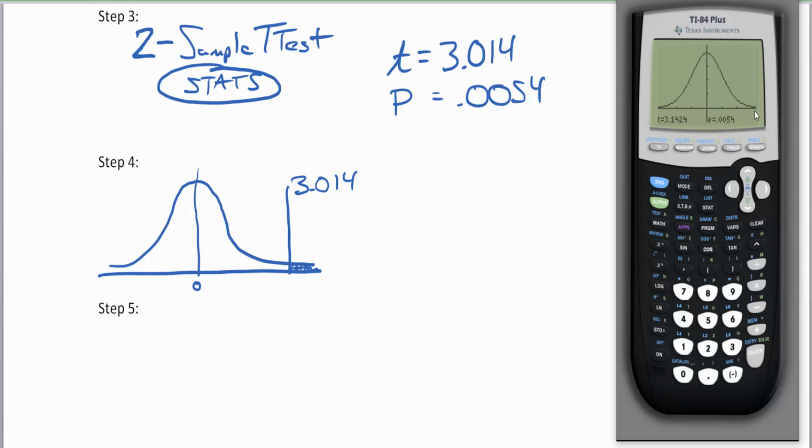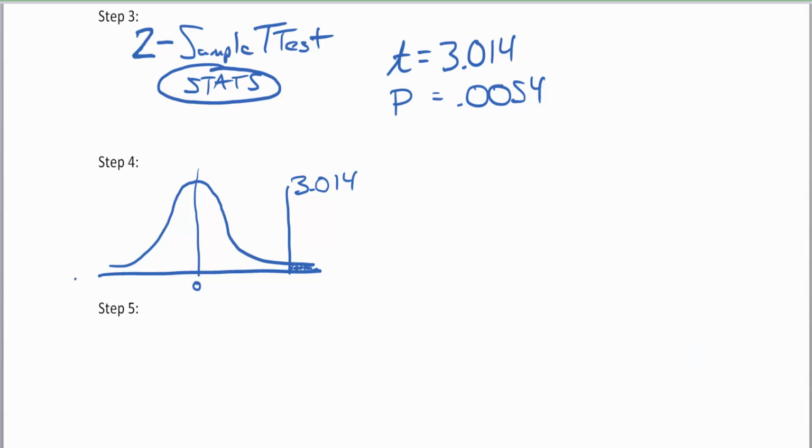Now there is also, in a two-tail test, a shaded zone on the other side, because two-tail means left or right. If I put the girls as group 1 and the boys as group 2, my test value would be negative 3.014.